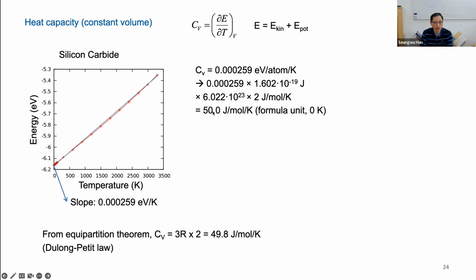And in fact, this is nothing but the Dulong-Petit law, which states that from the equipartition theorem, any classical system has a heat capacity per atom of 3R. So 3R times 2, and so this is 50, almost the same number.